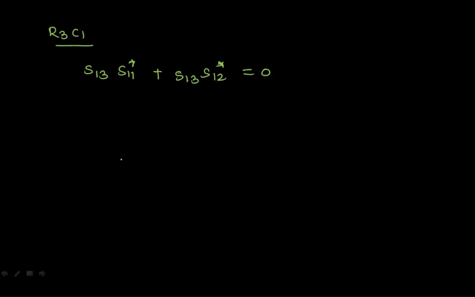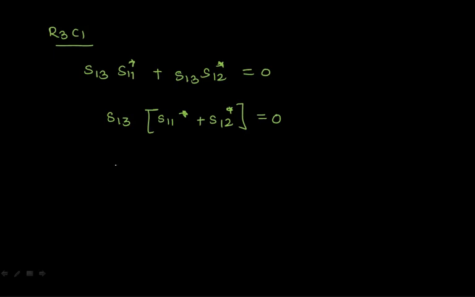So in this equation, I can say that S13 times (S11 plus S12 complex conjugate) is equal to 0.